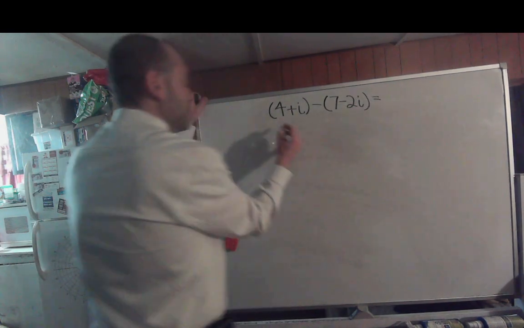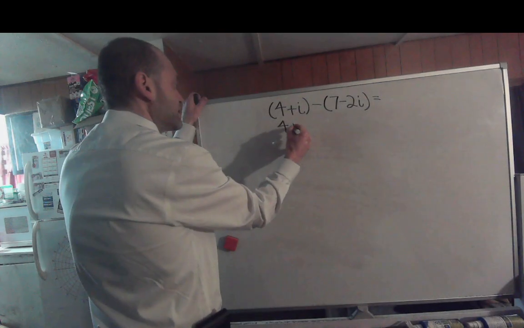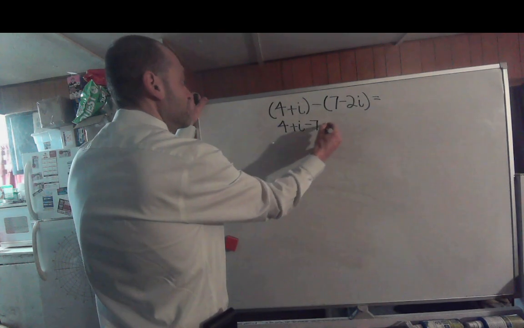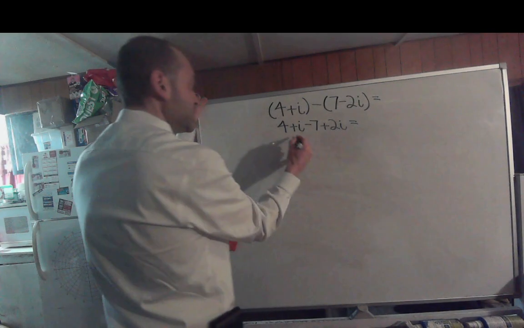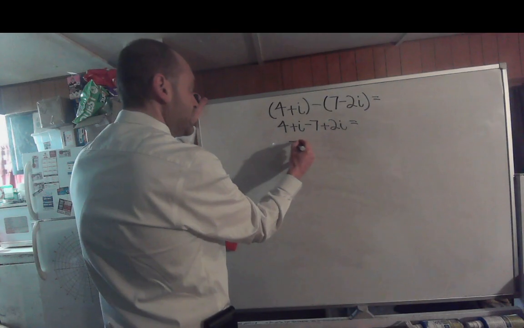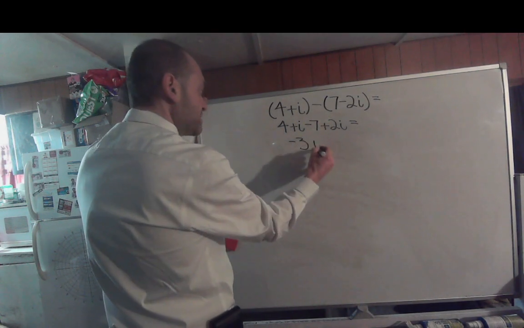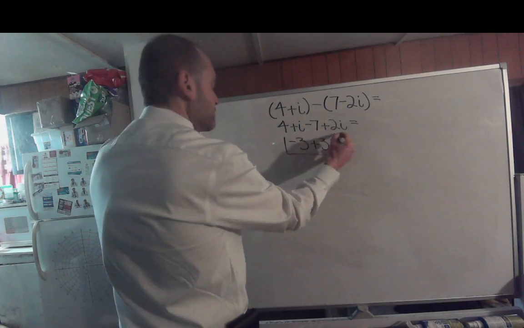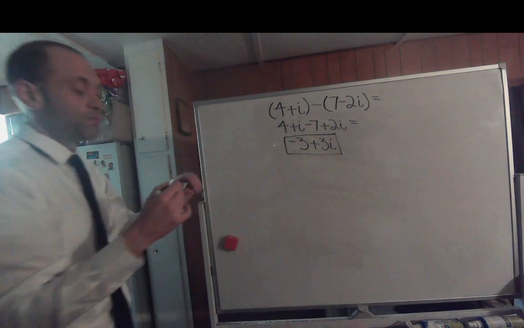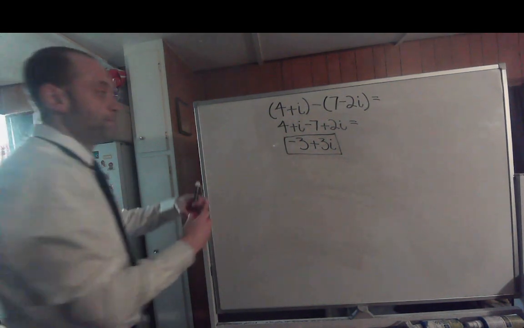What you would end up getting is 4 plus i minus 7 plus 2i. So in standard form, this would end up becoming negative 3 plus 3i. You always want to write your result in standard form. So you would get negative 3 plus 3i.